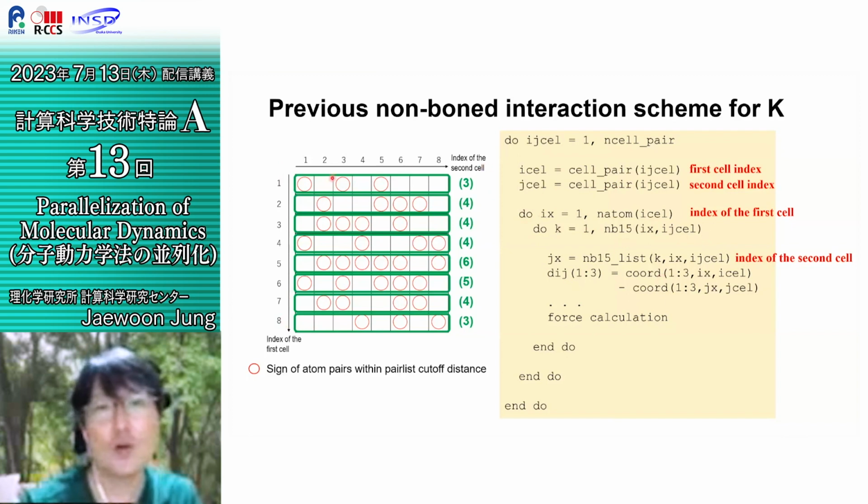For example, if Ix equals 1, then the Jx values become 1, 3, and 5. If the atom index is 2 in the first cell, then the Jx values become 2, 5, 6, 7. And we proceed in this way.